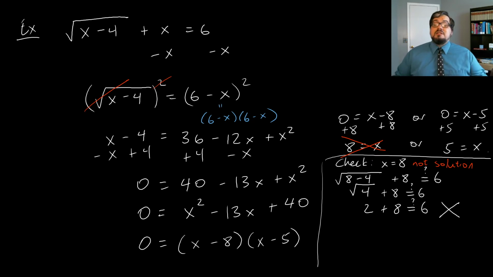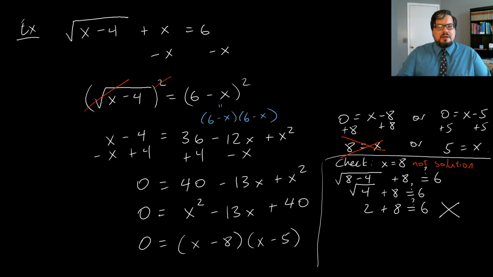Now, we didn't do anything wrong. There was nothing we really could have done throughout this process to have avoided concluding that x equals 8 was a possibility. There are some subtle theoretical reasons, actually, why 8 does have some meaning. It's not totally random, but it's not a solution to the problem.